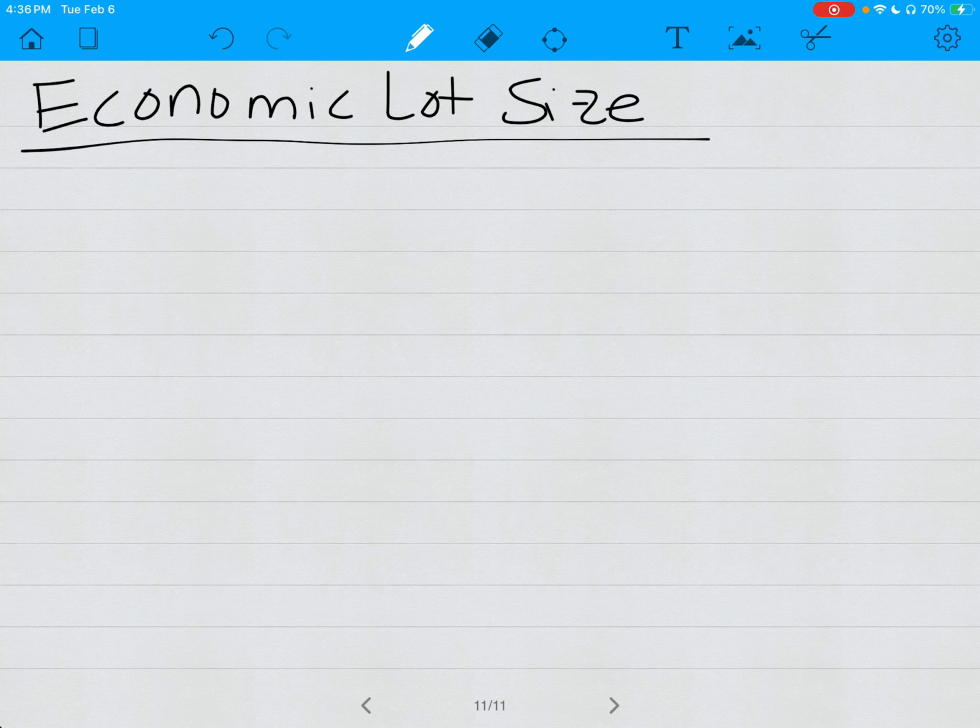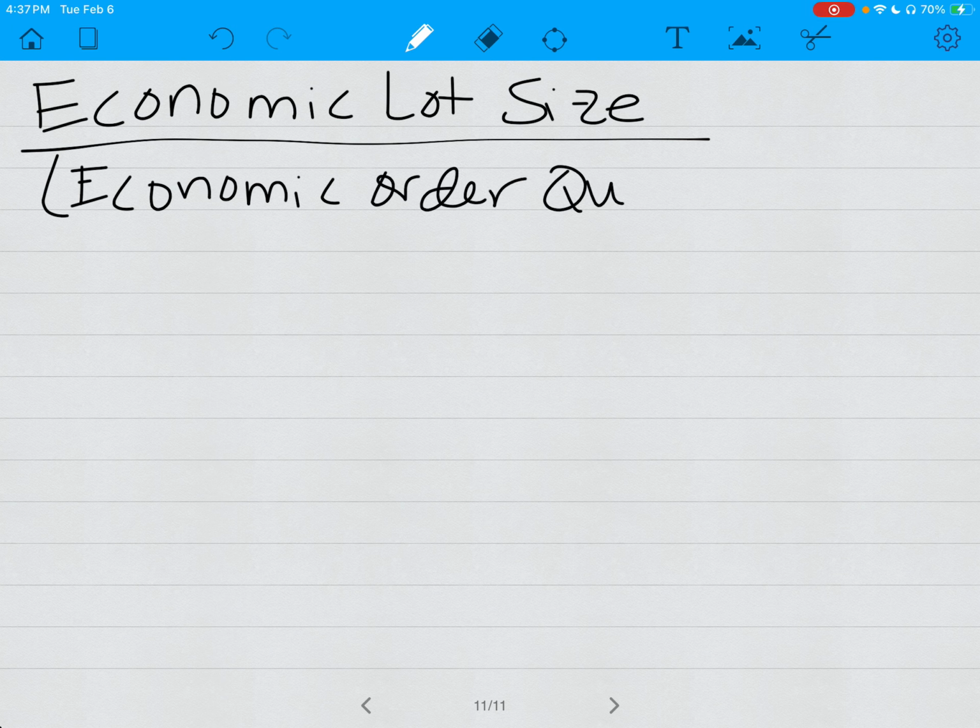And the formula that does this is called either economic lot size, which is what our book calls it, but sometimes you'll also see it referred to as economic order quantity. And those are just two different ways of referring to the same thing.